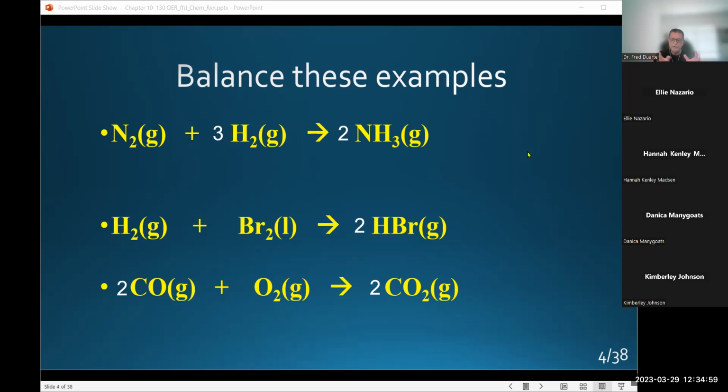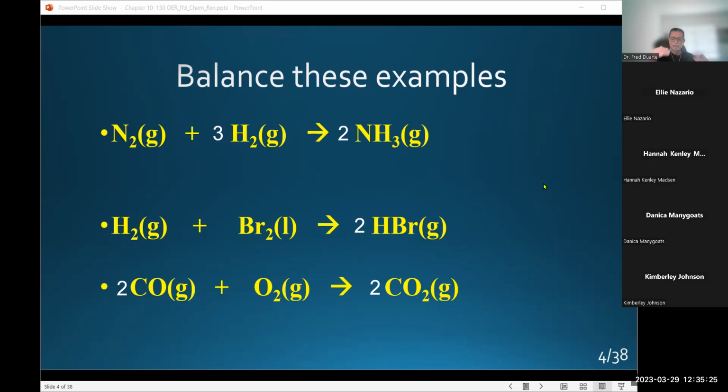We start on the reactant side and add a coefficient, which generally makes us go to the product side to add a coefficient, and at times I may have to go back to the reactant side to add or update a coefficient. So I go back and forth as many times as I need until my coefficients are set up properly.